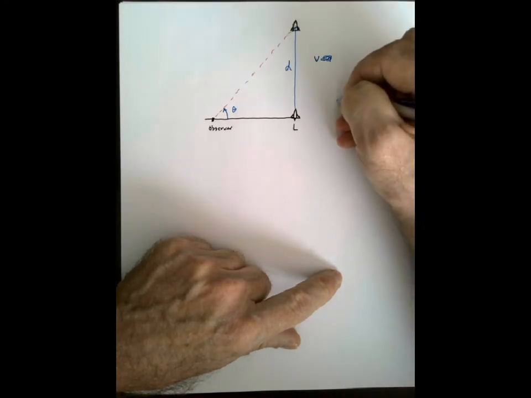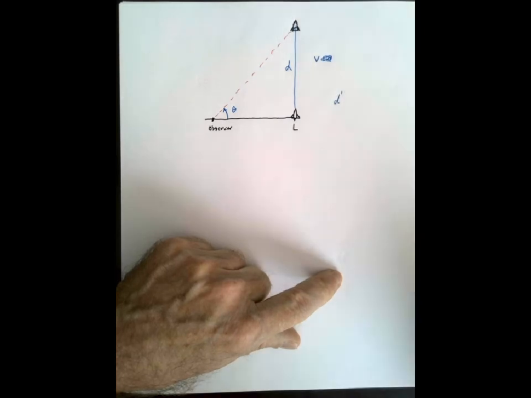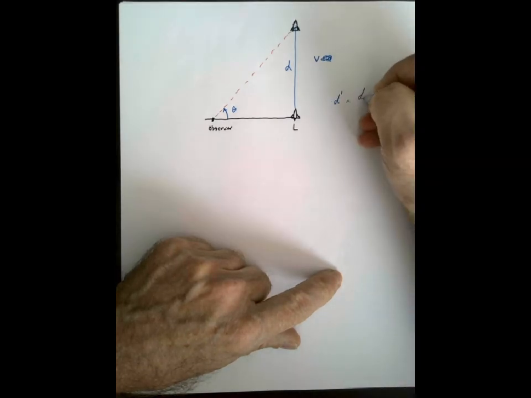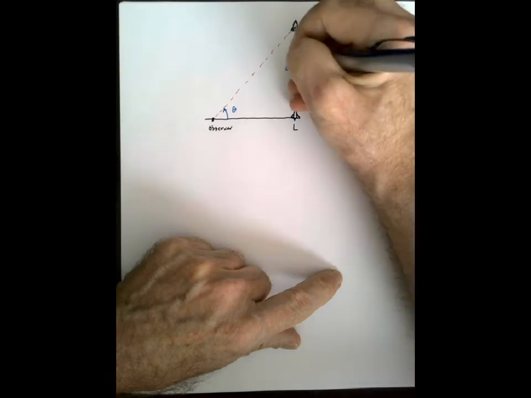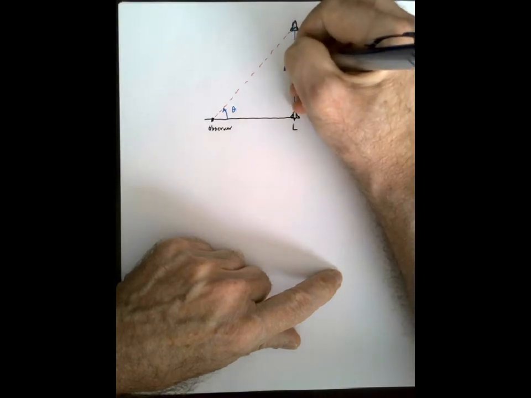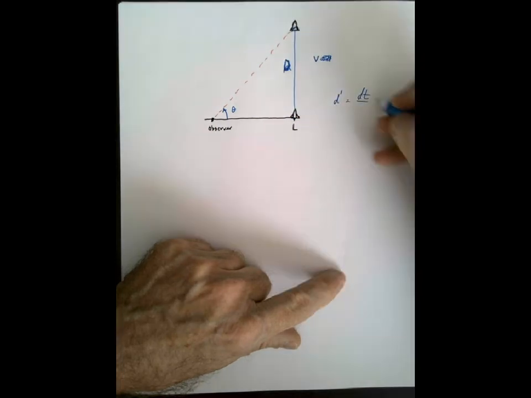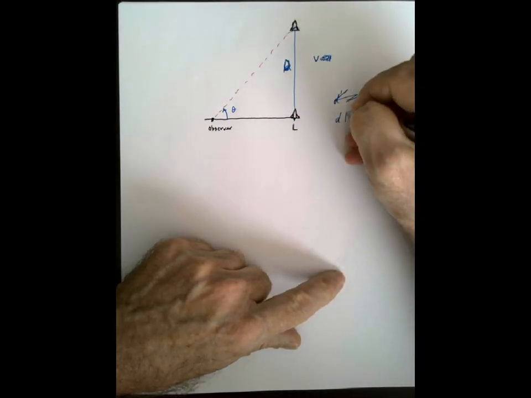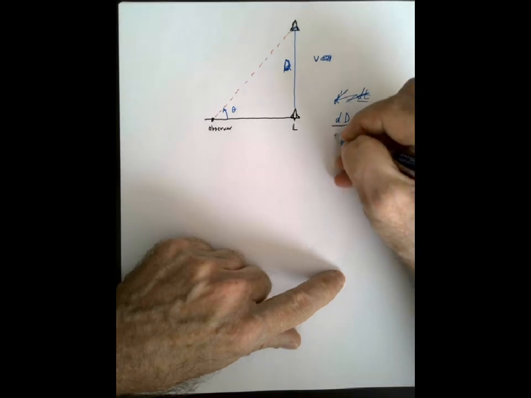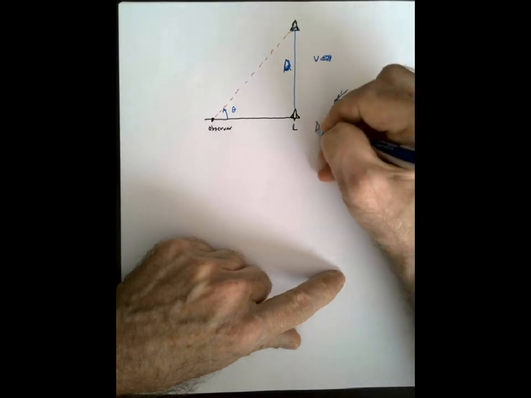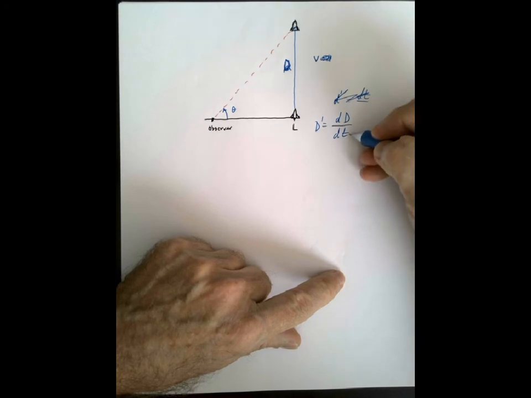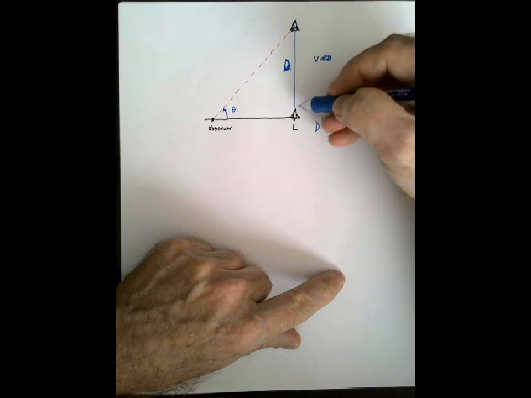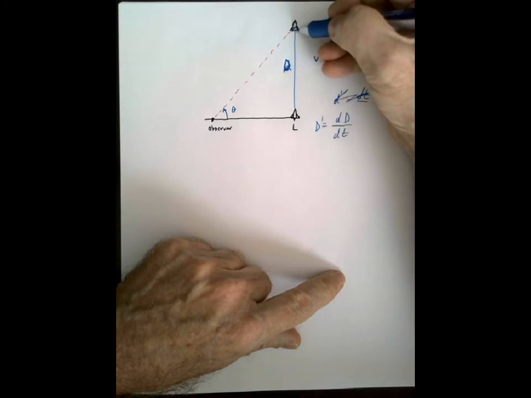So that's going to be d primed, which is formally, you know what, I better call that a capital D so we don't have too many d's here. Let's call that vertical distance capital D. That's going to be dD/dt, the rate at which the distance or the height of the rocket is changing or increasing with respect to time.